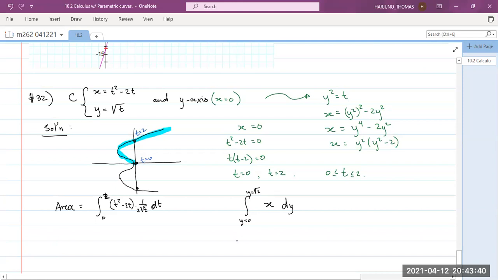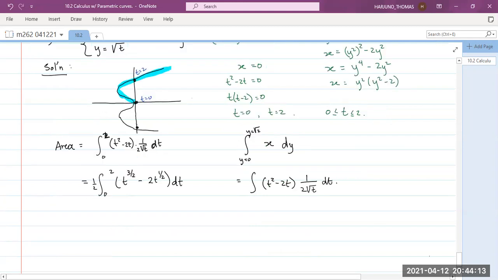But then if I change that into parametric, my x will be t squared minus 2t. My dy will be dy/dt times dt. Right? That's why it looks like that. Okay, so this is the integral from 0 to 2. Let me take the 1/2 out. This becomes t to the 3/2 minus 2t to the 1/2 dt.